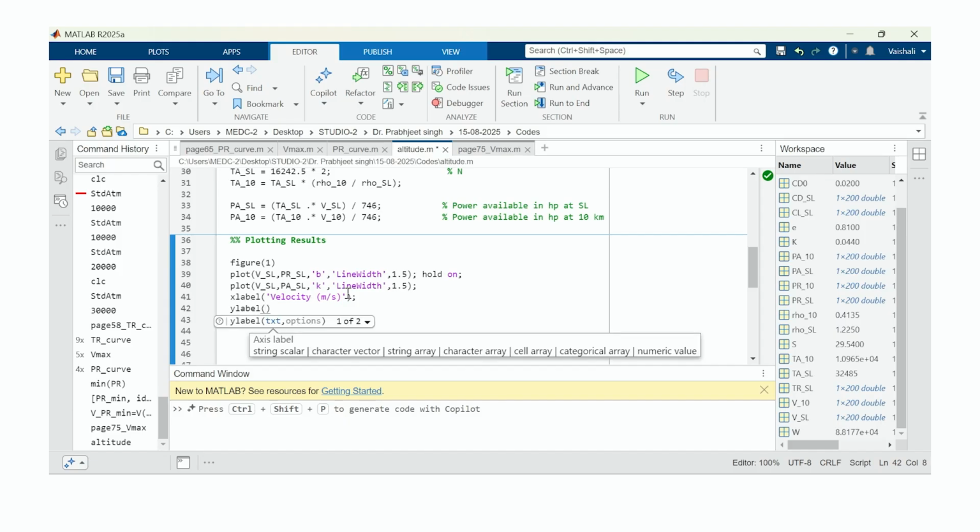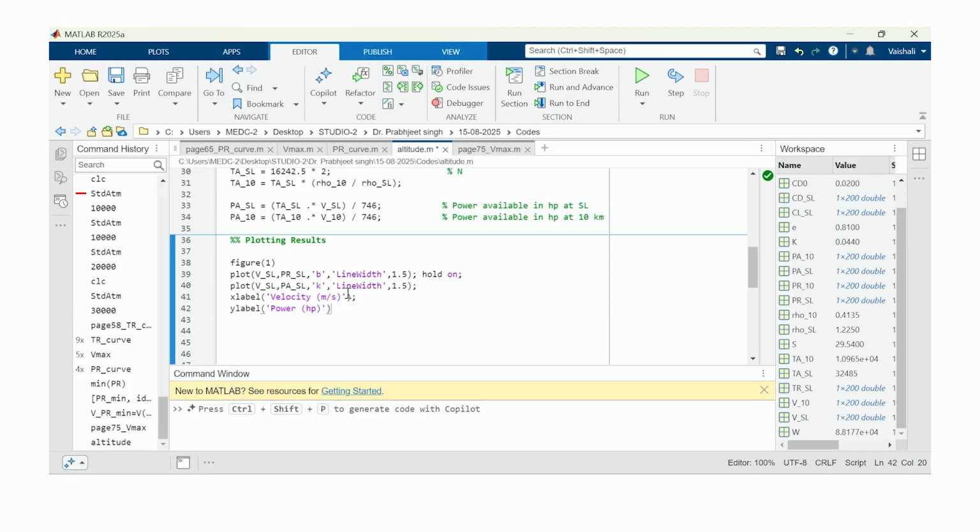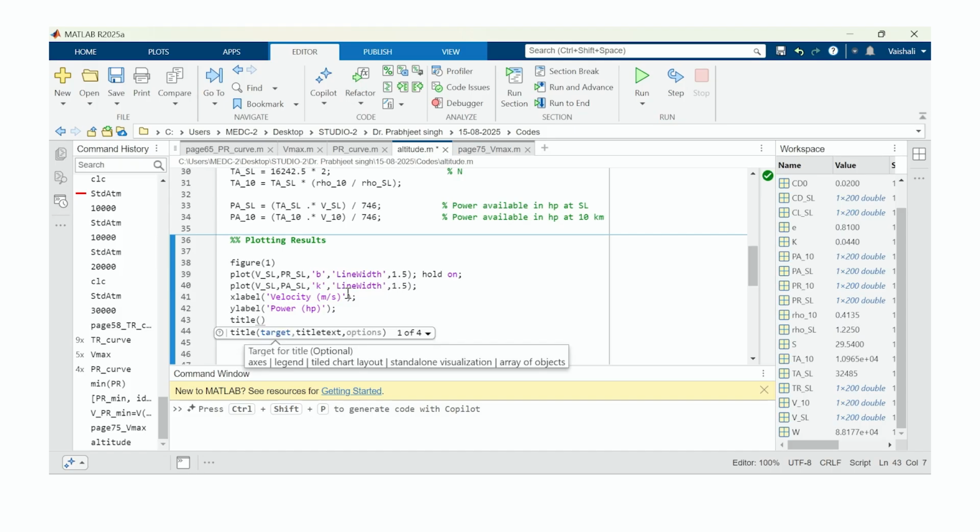In y, what do we have? We have power, power in horsepower. Let me put the title as well. Title is sea level power required and available.